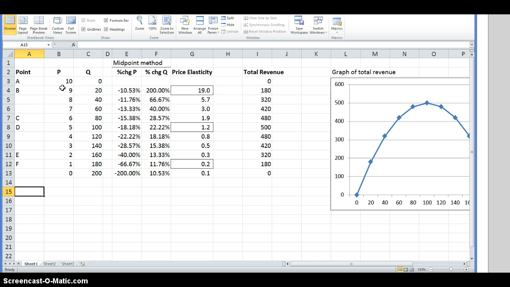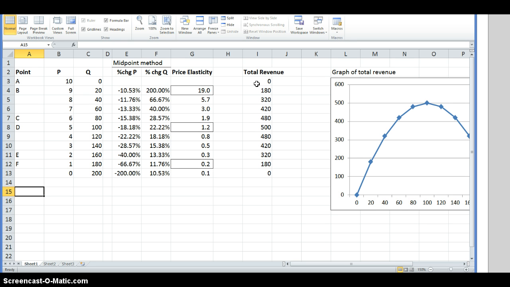All I've done is typed in the prices and quantities, and then, interestingly, I've computed the elasticity using all these different points. You can see I had asked you to compute 19, 1.2, and 0.2, but if I did them for all the different points on this curve, here's how the elasticity moves. It starts really elastic, crosses over, and then becomes inelastic as the quantity goes up.